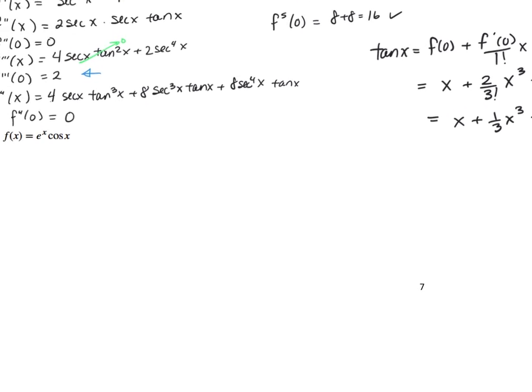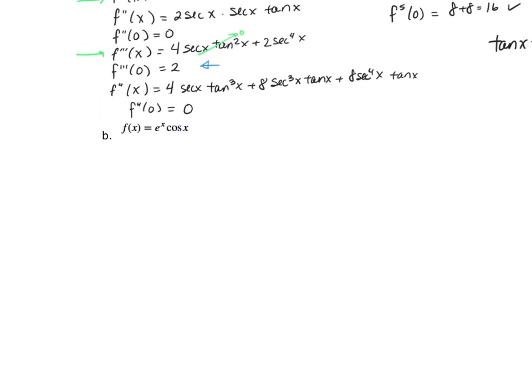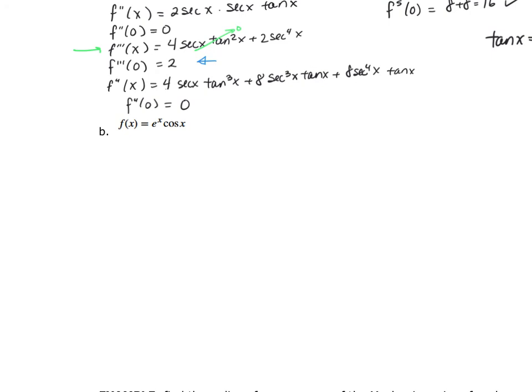Let's take a look at our next example and pray that it isn't as much fun as what we just did. We have f of x is equal to e to the x cosine x. So with this, I am going to take the path of least resistance.